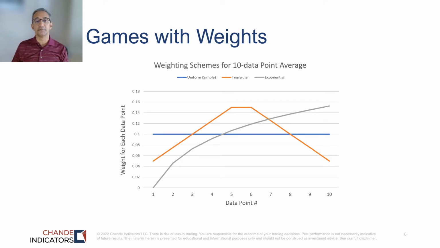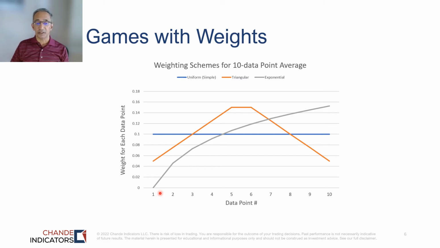So this is a simple moving average weighting scheme. The orange line shows a triangular moving average, which gives more weight to points in the middle and lesser weight to points at the ends. And the gray line is sort of an exponential weighting scheme that gives much greater weight to more recent data and significantly less weight to older data.